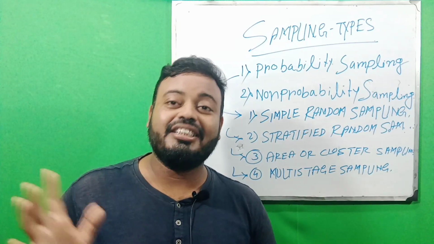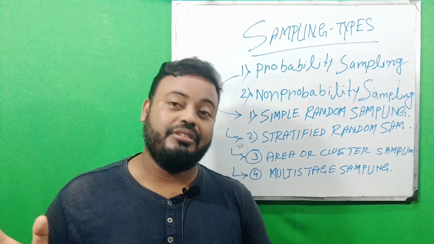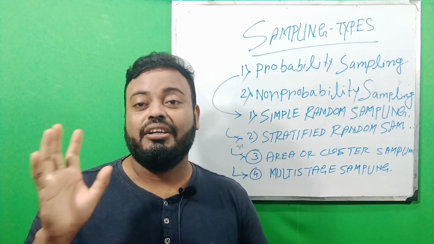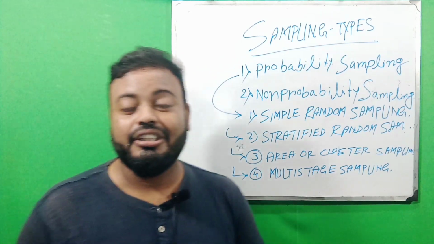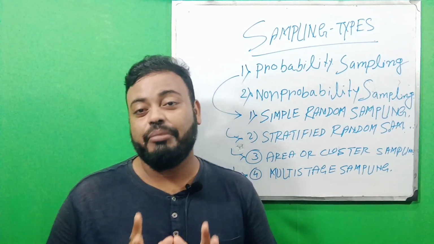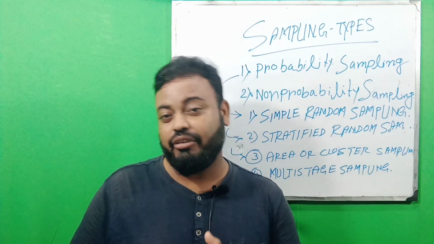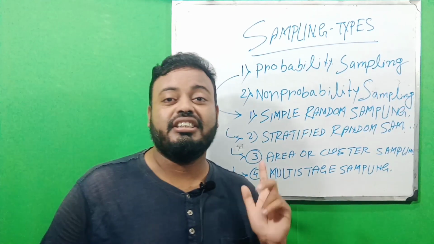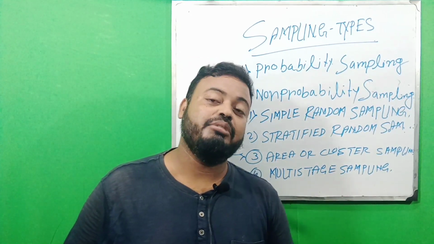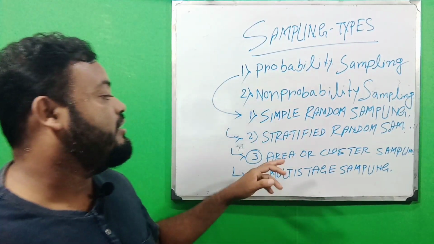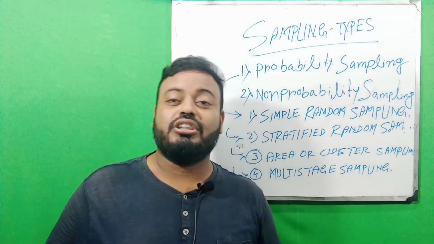But in disproportionate stratified random sampling, there is no mention of the ratio systems of the collected data. So this is the main difference between these two stratified random sampling methods.